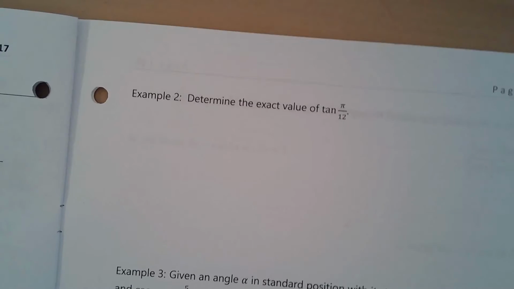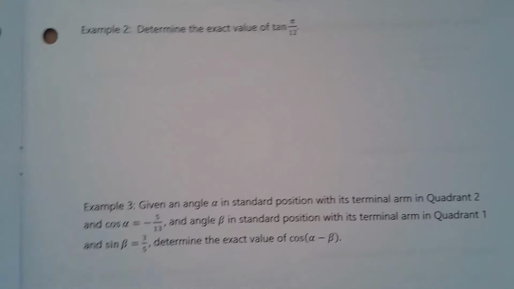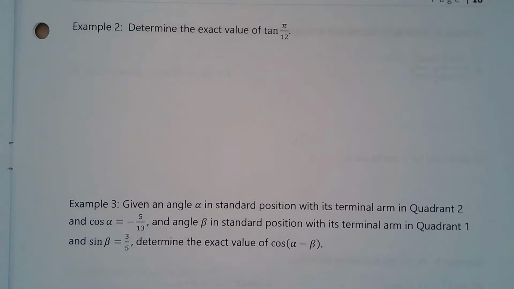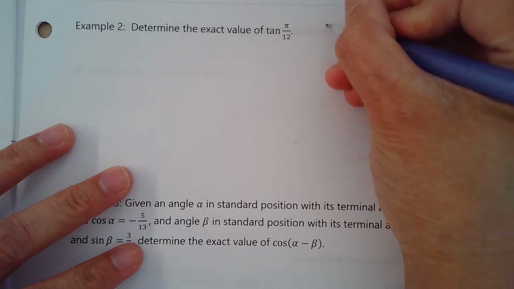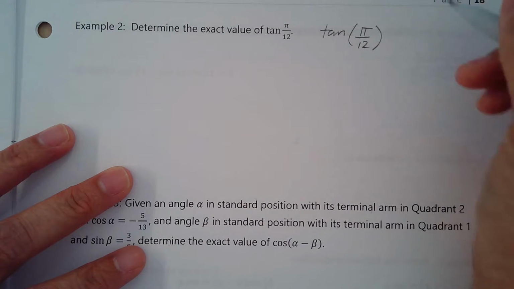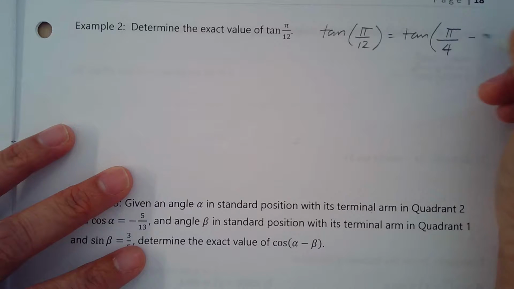Okay, now this one is a little bit different because it's pi over 12. Now we have to think about, this is the challenging part, what to add or subtract that will give us pi over 12. I'll just give you the angles, unless you know it already. So tan of pi over 12 is the same thing as tangent of pi over 4 minus pi over 6.